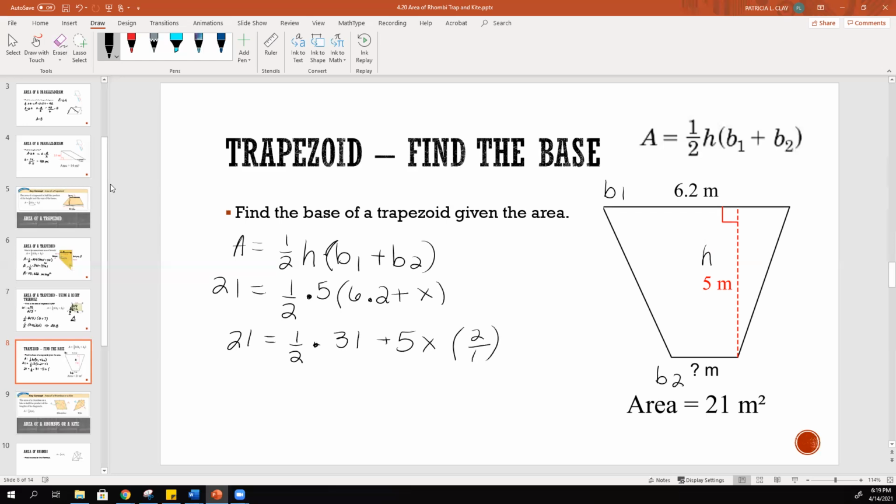I'll go 2 over 1, 2 over 1. So this is going to go away. So this is now 42 is equal to 31 plus, I'm so sorry, plus 5X. Move that to the other side. So we're left with 11 is equal to 5X. So X is equal to 2.2 meters.